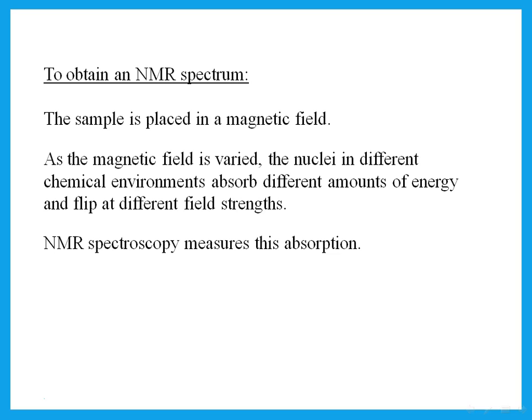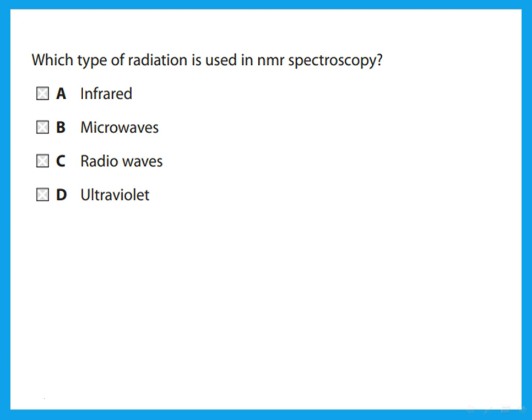To obtain an NMR spectrum, the sample is placed in a magnetic field. As the magnetic field is varied, the nuclei in different environments absorb different amounts of energy and flip at different field strengths. This is recorded as an NMR spectrum.